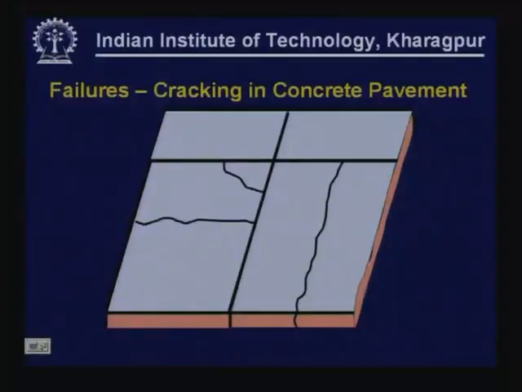So we can have different types of cracks developing in the concrete pavement, and they occur in different regions of the slab. As you can see, there are corner cracks, transverse cracks, and also longitudinal cracks.